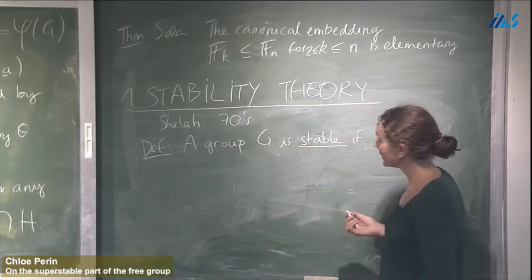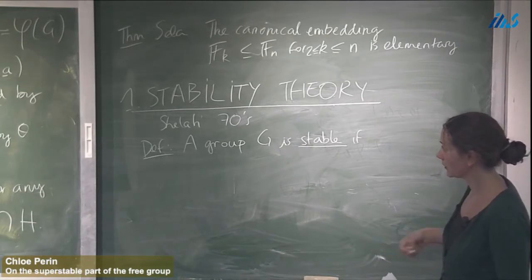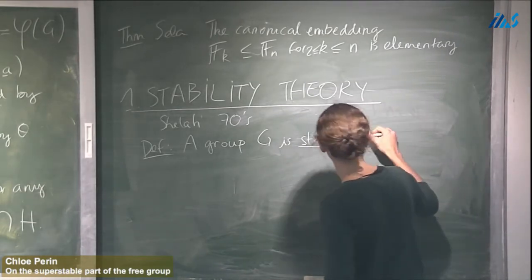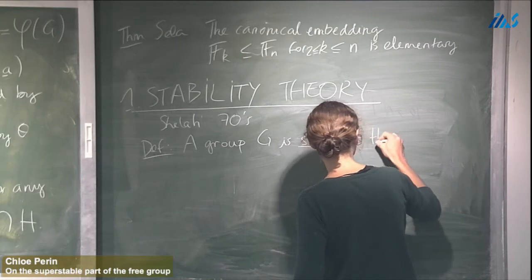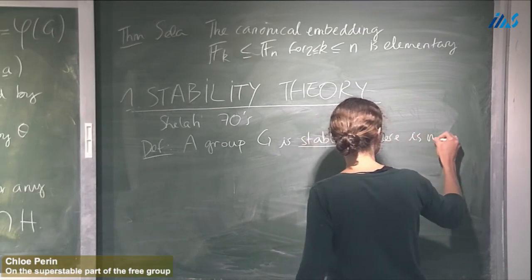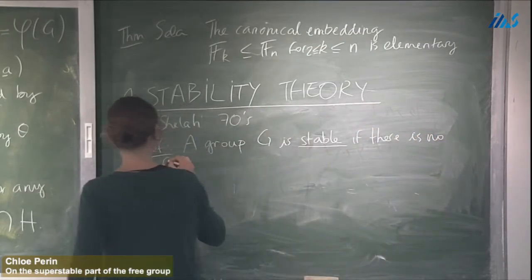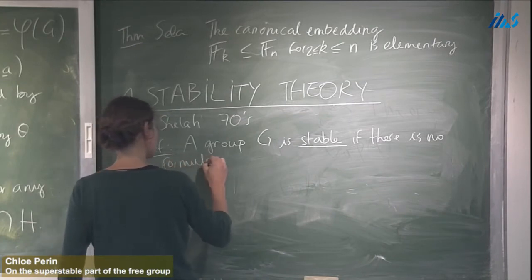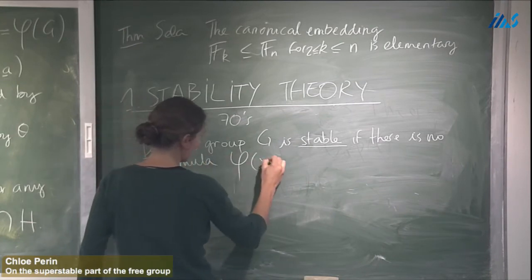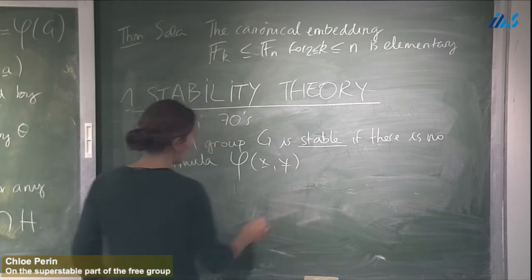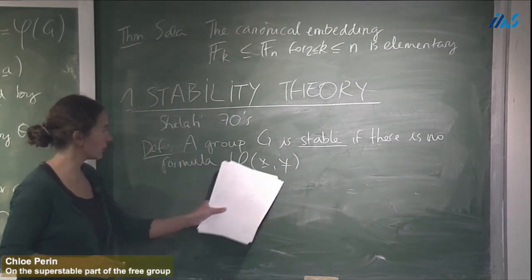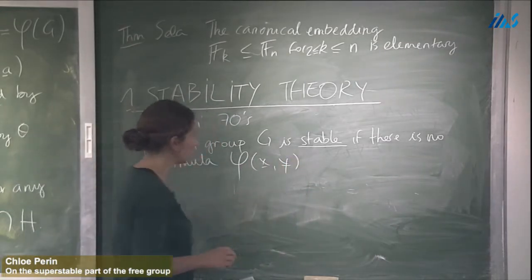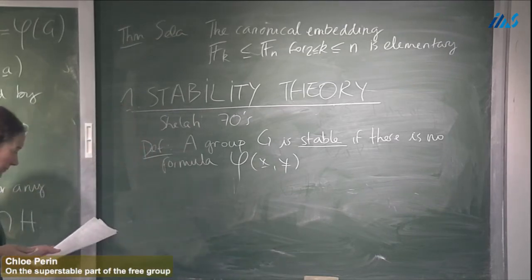If essentially there is no formula which encodes an infinite linear order. So what do I mean by this? I take a formula phi(x, y). These are free variables, both of them tuples of free variables, and there may be some parameters, but I don't mention them.